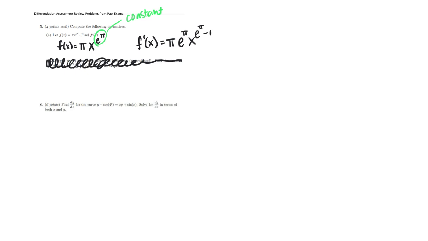Okay, this one, I'm trying to find dy dx for this implicitly defined curve. So the derivative of y with respect to x will be dy dx minus, this is going to involve chain rule, so the derivative of secant is secant tangent.